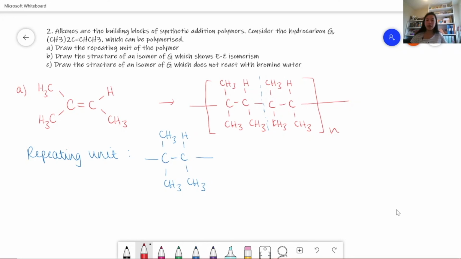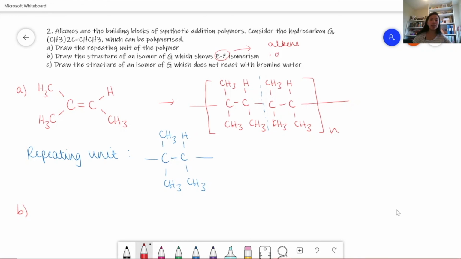And then for B, draw the structure of an isomer of G which shows EZ isomerism. So because it says EZ isomerism, we definitely know that it has to be an alkene, so it has to have a double bond. And then because it's EZ, we also know that the 2 substituents which are not hydrogens have to be different, because otherwise it would be cis-trans.